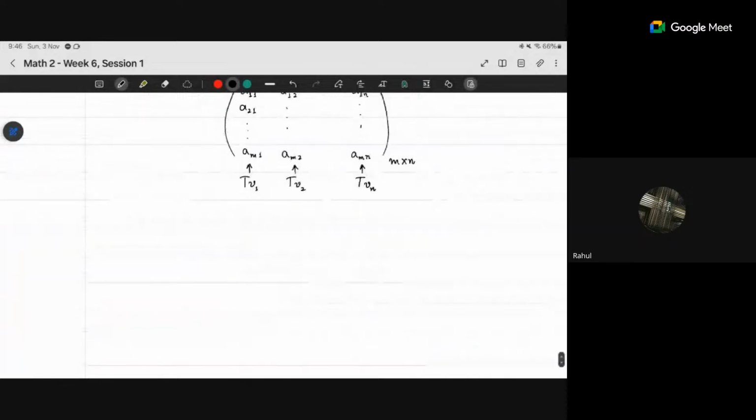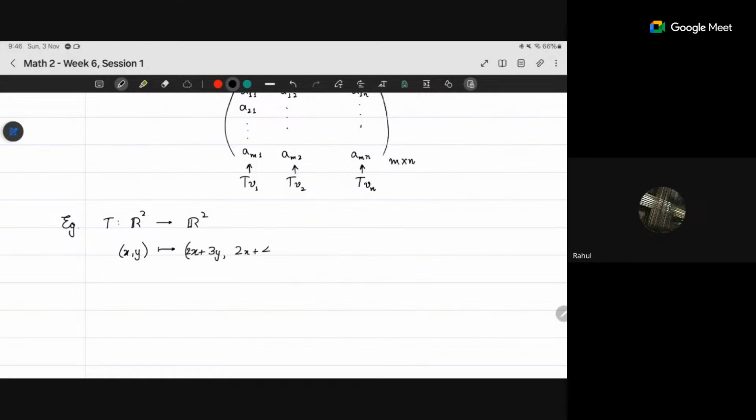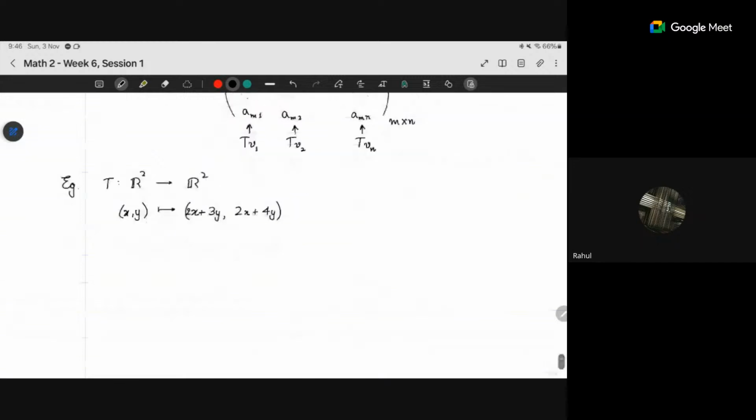Now, let us see an example of the same, instead of dealing with so many symbols. What was our map? It was 2x plus 3y, 2x plus 4y. Now, this was with the standard basis on both sides. We saw the matrix.